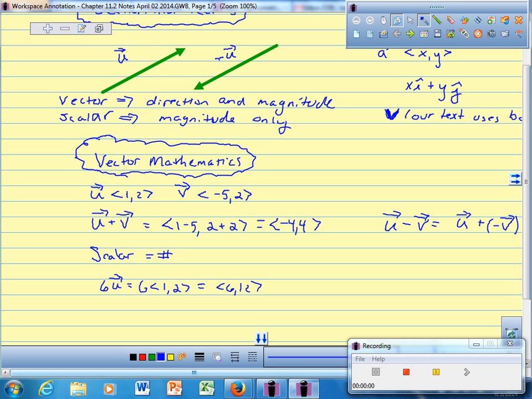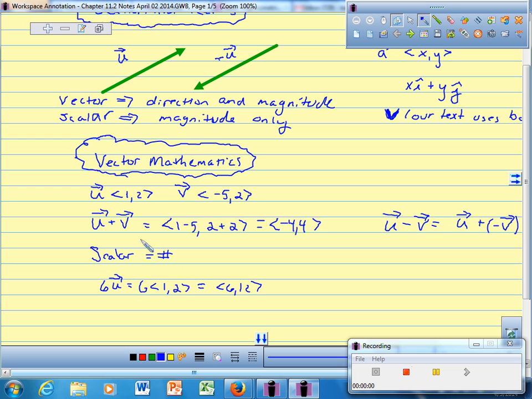If we are doing subtraction, then we can just subtract the way that we normally do, but it's helpful when we think about the graphical representation of subtraction that we take one vector plus the negative of the other vector. As you see up at the top, if I have vector u, then the negative u vector is the same vector but going the opposite direction.